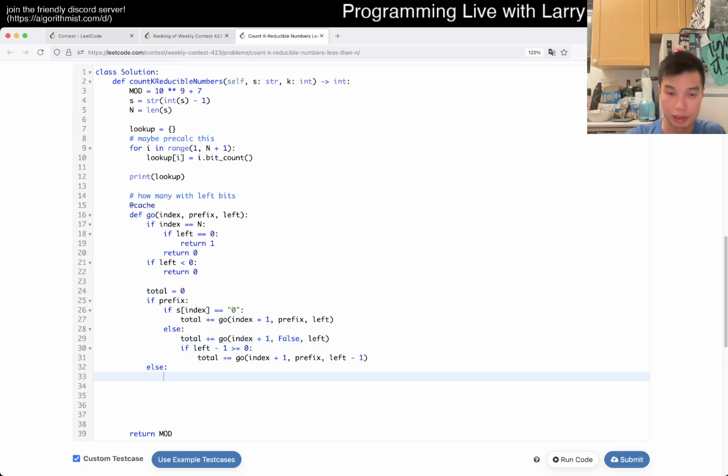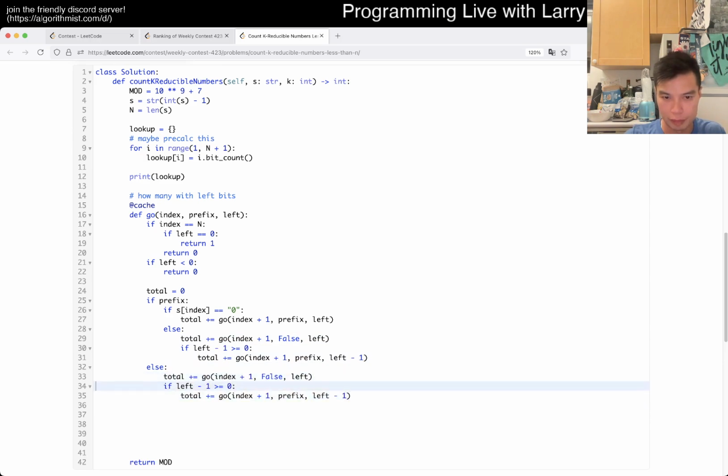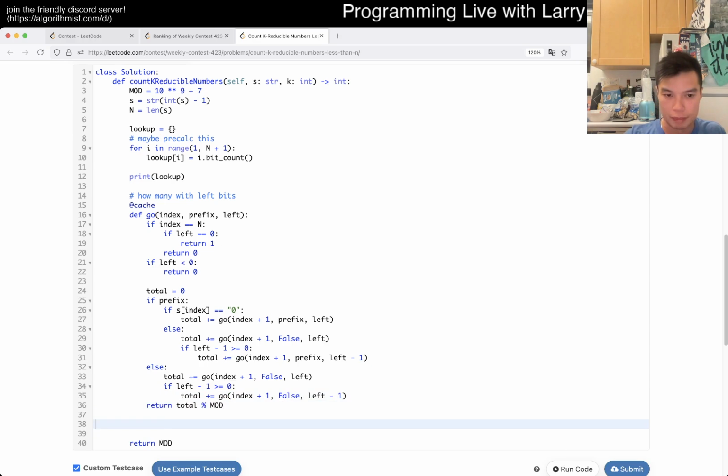Okay, otherwise if it's not prefix, then now every number is smaller, so then we just do this thing. Remember to mod, Larry? Okay, fine. Right.